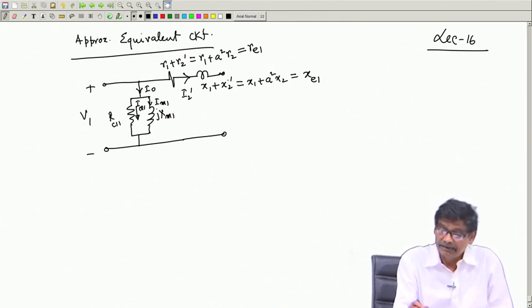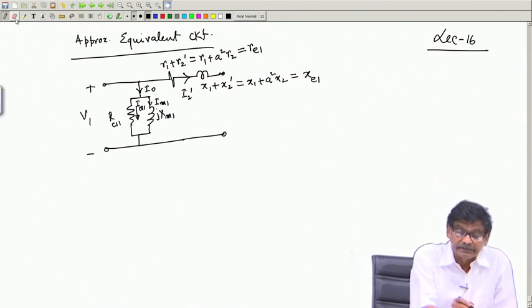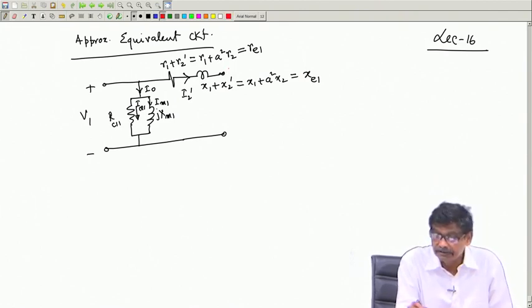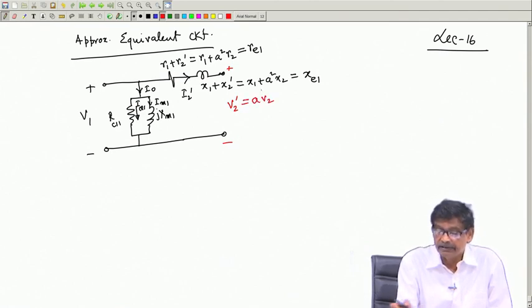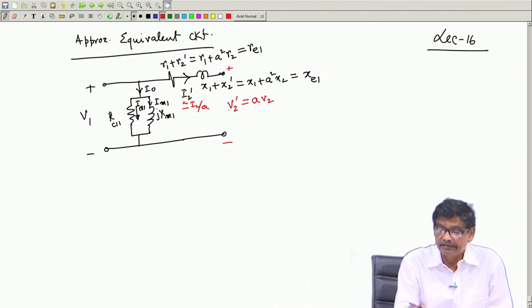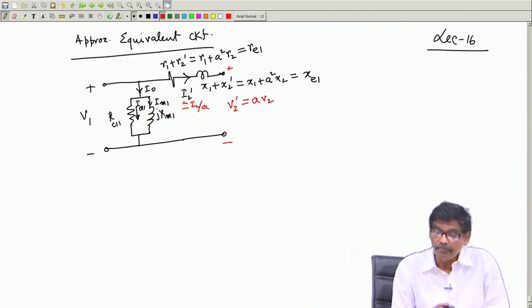Then this voltage, if I show it by different colors so that you understand, this voltage is V 2 dash, which is equal to a into V 2 actual secondary. This current I 2 dash is equal to I 2 by a. This is how things will go.